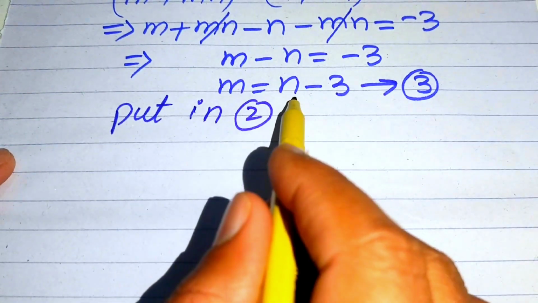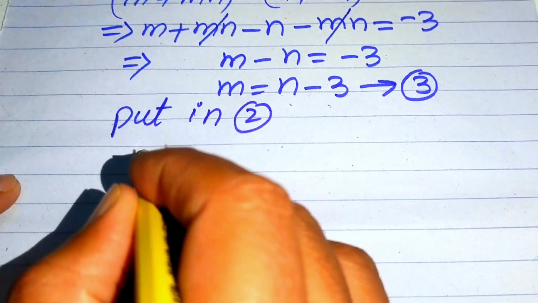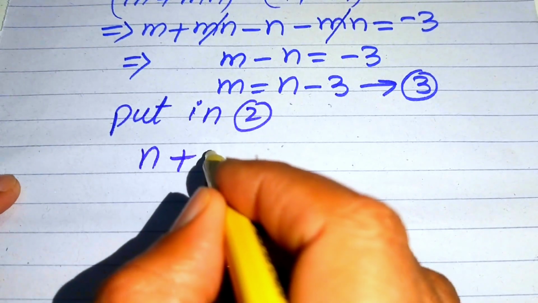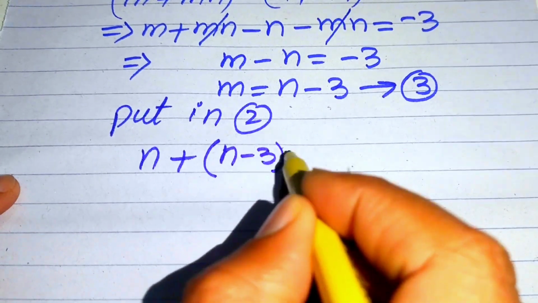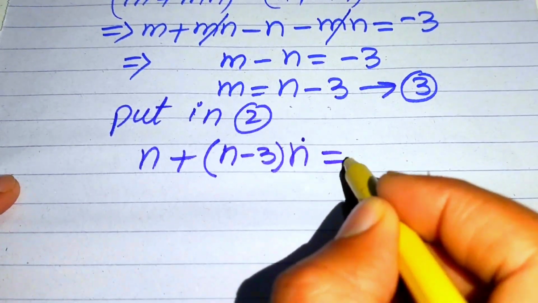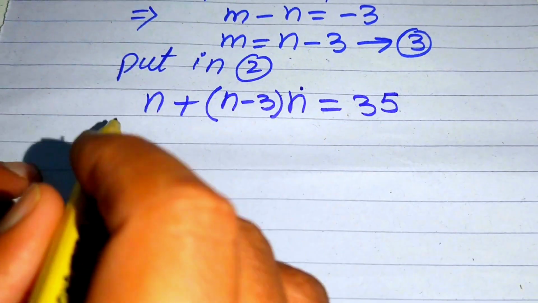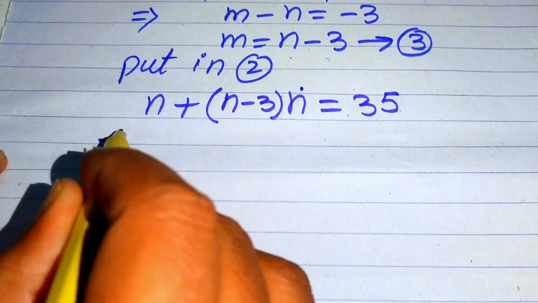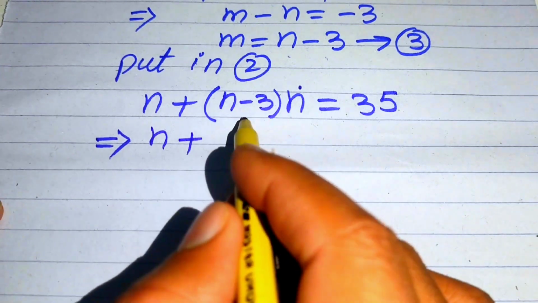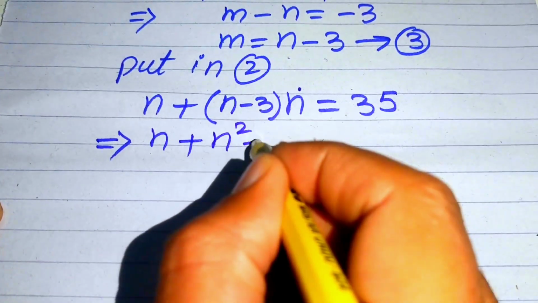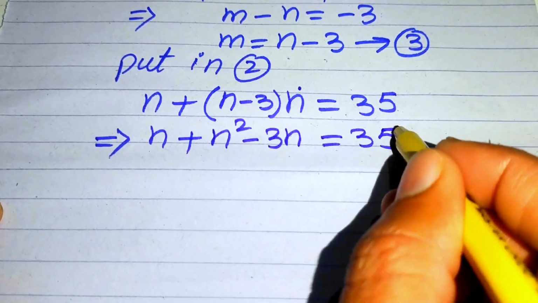When you put m equals n minus 3 in equation number 2, it is written as n plus m times n, where m is n minus 3, times n equals 35. In the next step we need a little bit of simplification, so we write n plus, multiplying this n on both of the terms, n squared minus 3n equals 35.